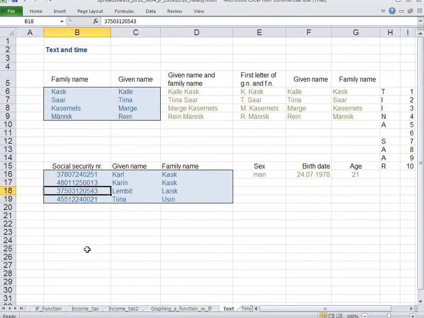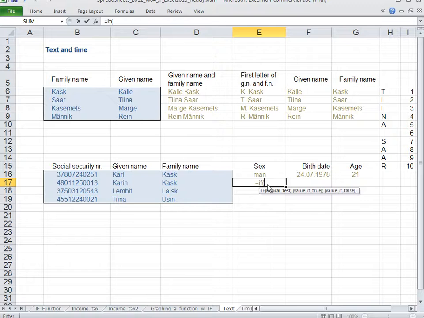We want to at first write out whether this person is a man or a woman. So if it's either one option or the other, we can guess that we're going to be using the if function. So let's write down equals if, parenthesis begin, and now we want to take from the left side of the social security number the first character.